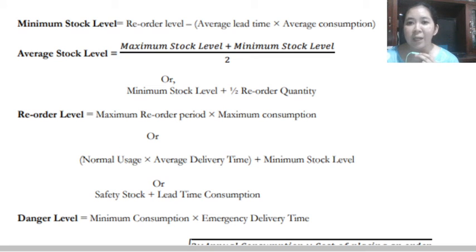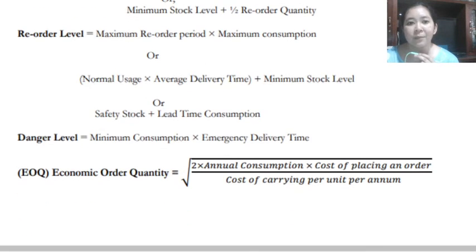If your inventory reaches this level, meaning you have to place your order from your supplier already to avoid any stock outs. For the danger level, this is where the entity already reached the point where stock outs occurred. So meaning there are no inventories left to sell or to consume for the demand of the customers.